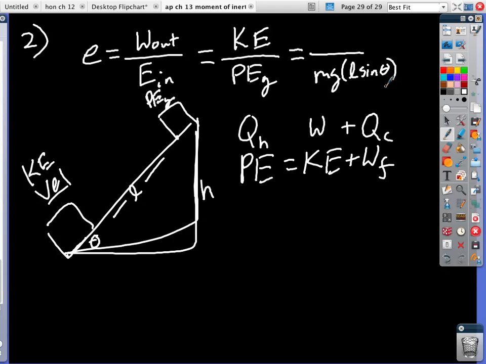Now how do we find the kinetic energy at the bottom? There's a whole bunch of ways that you can do that, right? You could calculate the acceleration down the hill, and then by calculating the acceleration down the hill, we could figure that out. You could also play this game.